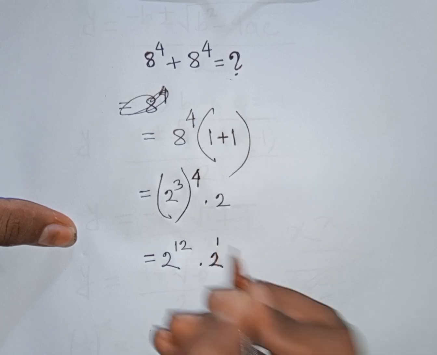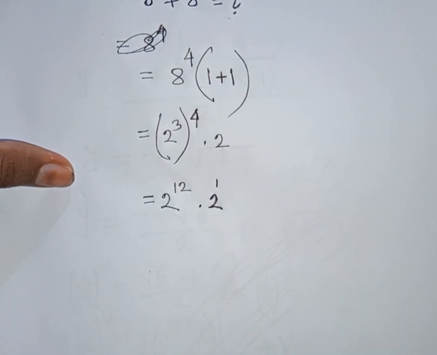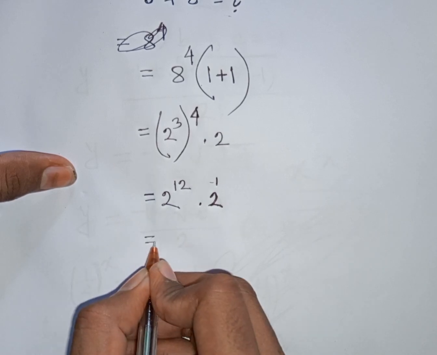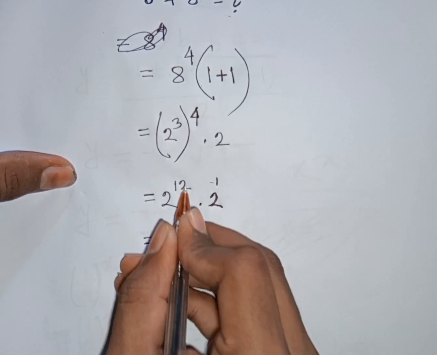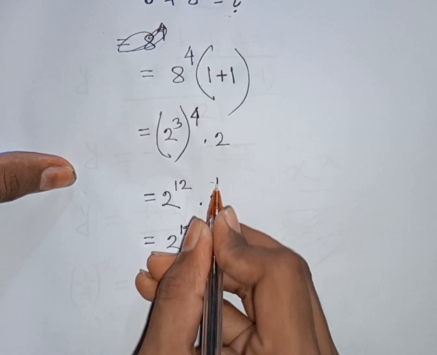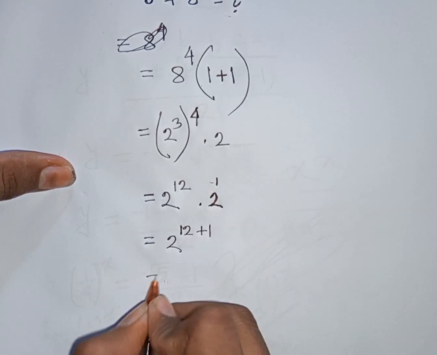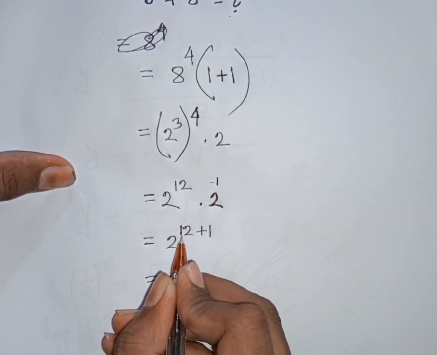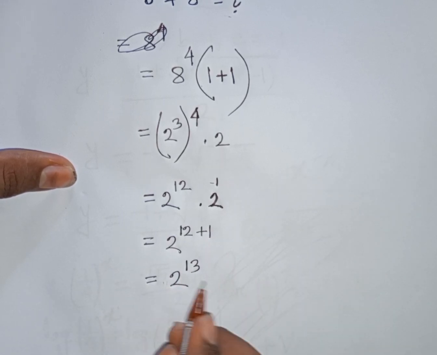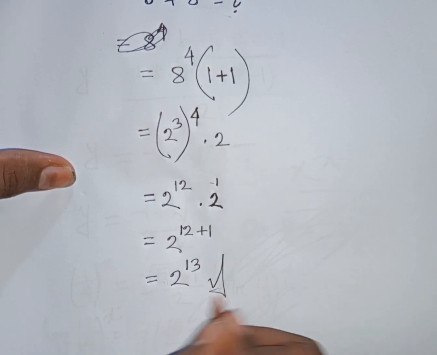This 2 is the same as 2 power 1. Now we see the same base but different power, so it will be 2 power of 12 plus 1, that means 2 power of 13. So 2 power of 13 is our final answer.